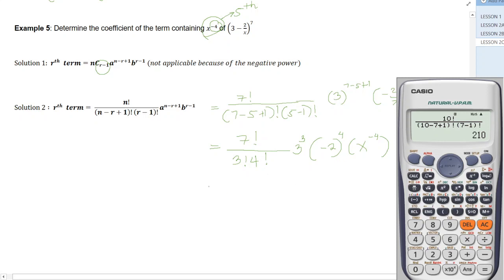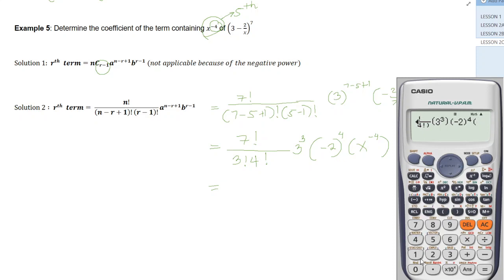Okay, so if we are going to calculate that one, using your calculator, just press 7 shift factorial divided by 3 shift factorial multiplied by 4 factorial, don't forget the parenthesis, multiplied by 3 raised to 3, multiplied by negative 2 raised to 4.